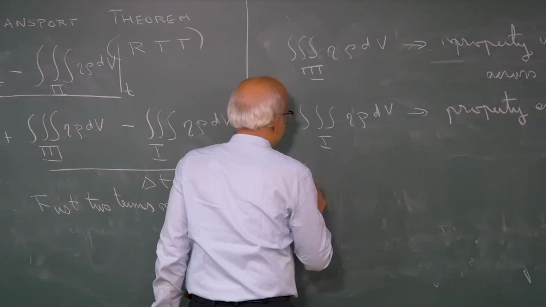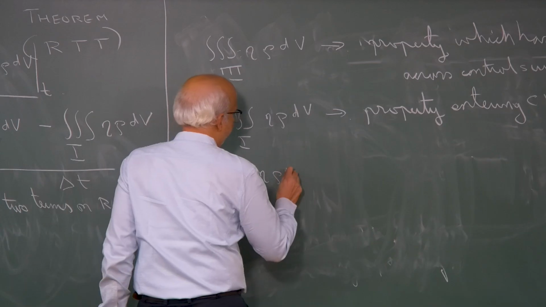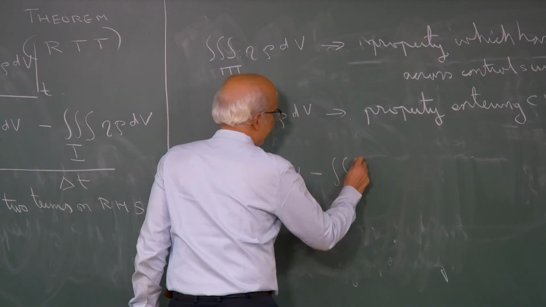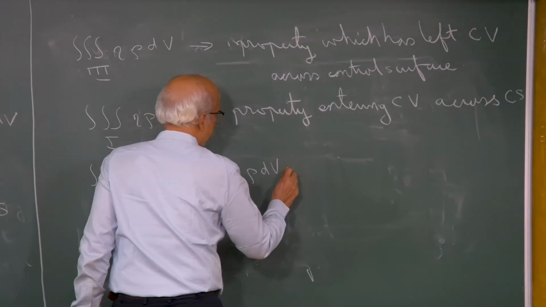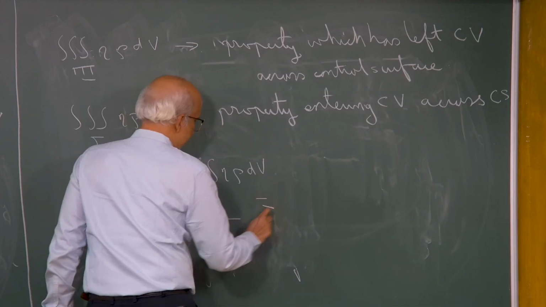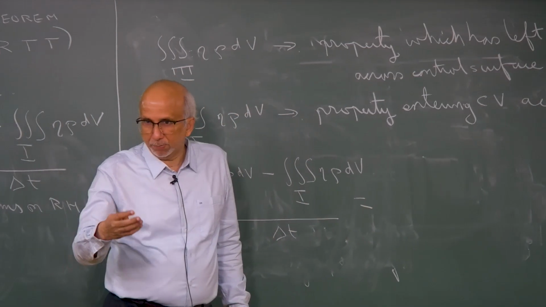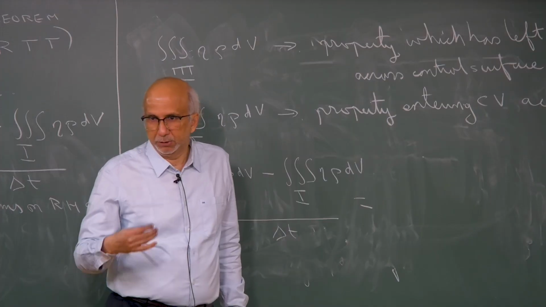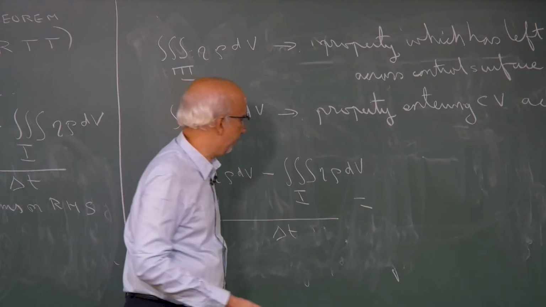So, the integral over region 3 of eta rho dV minus the integral over region 1 of eta rho dV, divided by delta t, tells me the rate at which the property has left the control surface, the total rate at which the property has gone out of the control surface.